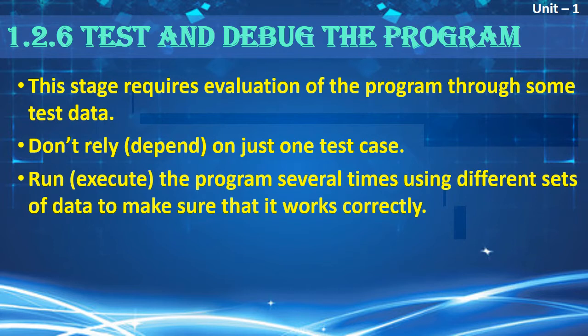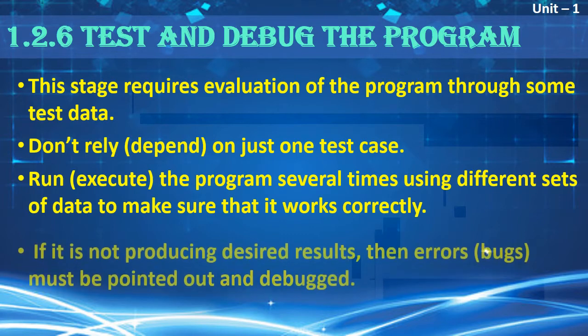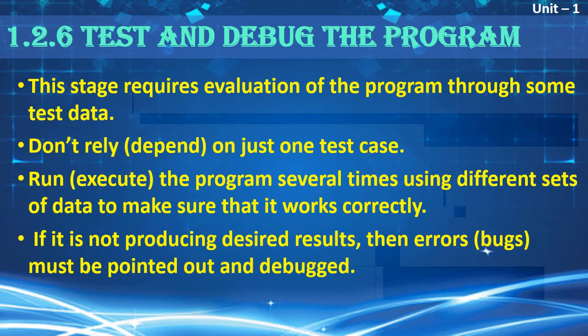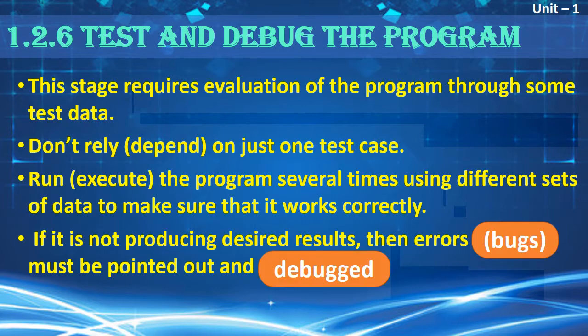Run the program several times using different sets of data to make sure that it works correctly. If it is not producing desired results, means that results you want, then errors must be pointed out and debugged. Remember these two words. Now we are going to discuss these in detail.